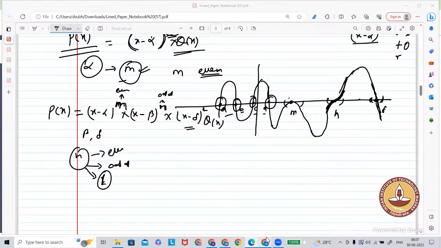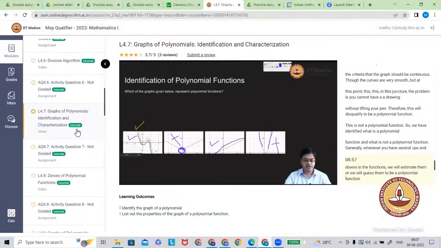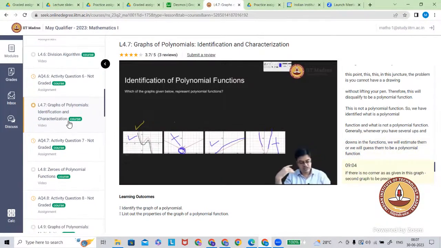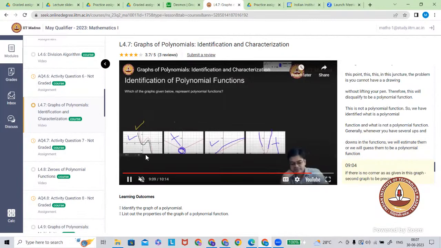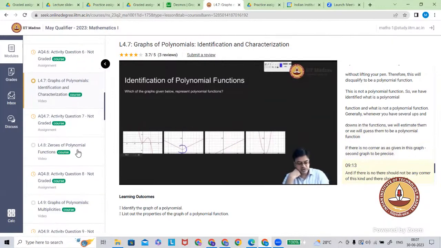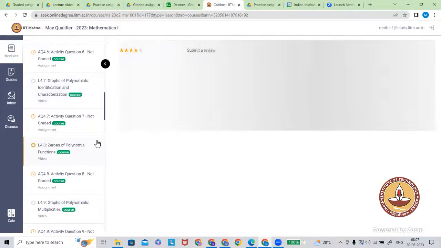Okay, just a minute. So you can say the root of a polynomial, or zeros of a polynomial, or x-intercept, different names are given there. In this video, the speaker is talking only about the root. So what do you mean by the root?